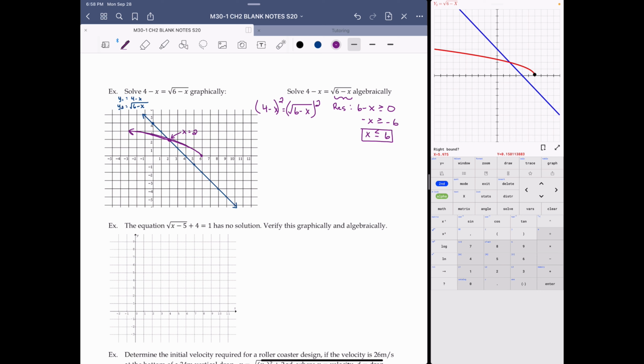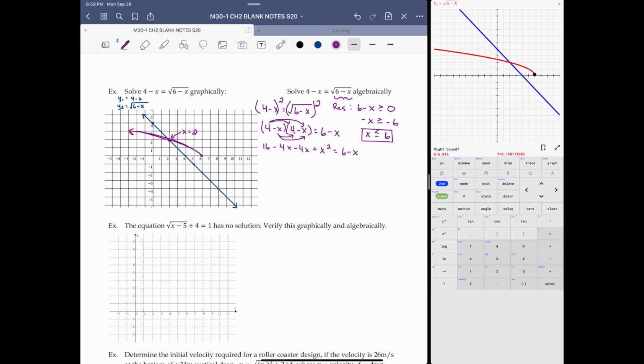This time I can write it out, I have more space. 4 minus x times 4 minus x equals, and then on the left side we just lose our radical sign, 6 minus x. 4 times 4 is 16. 4 times negative x is negative 4x. Negative x times 4 is negative 4x. And negative x times negative x is positive x squared, equals 6 minus x.